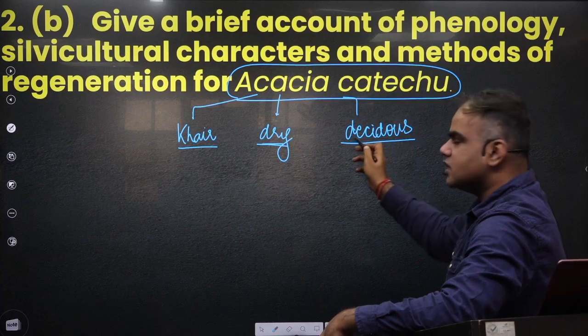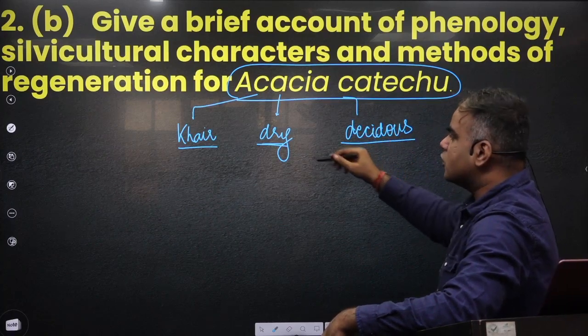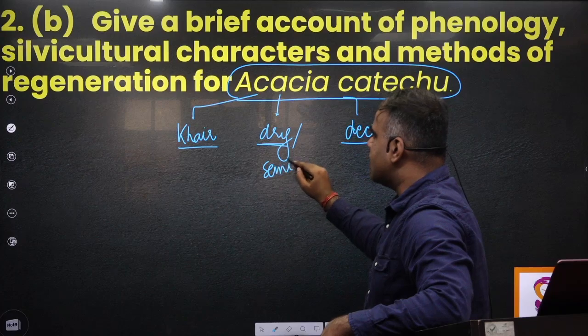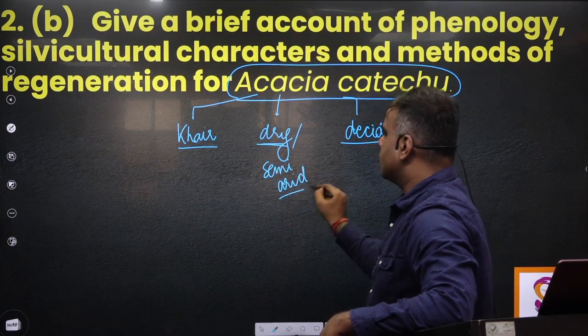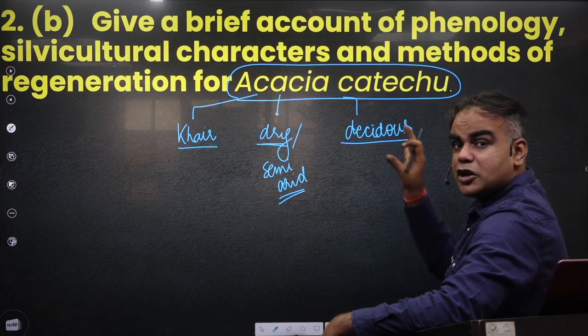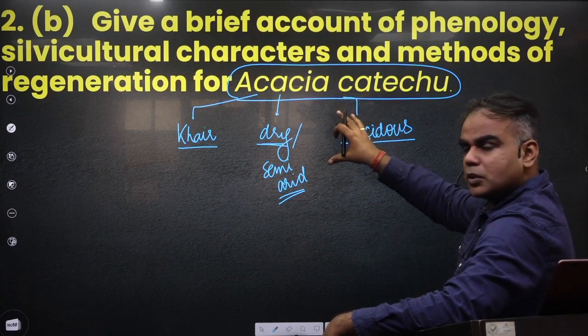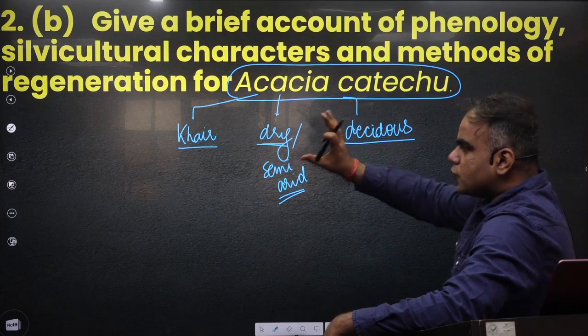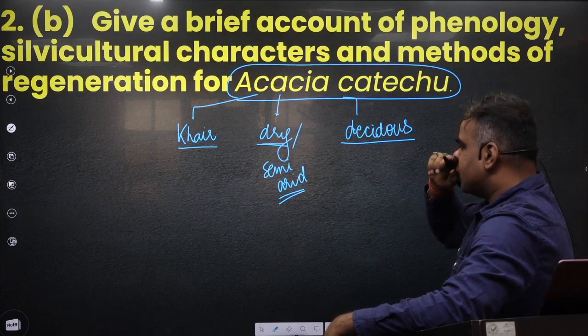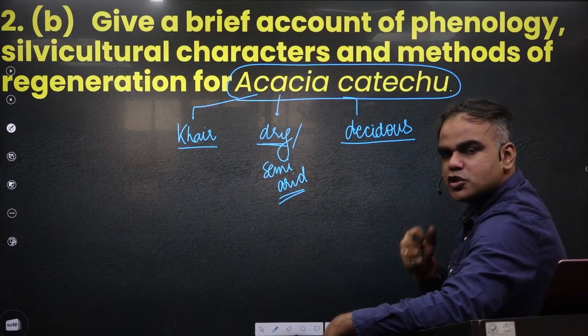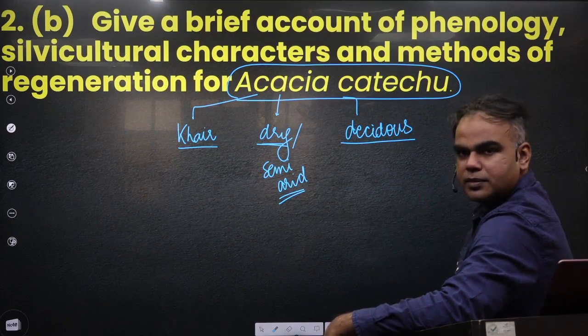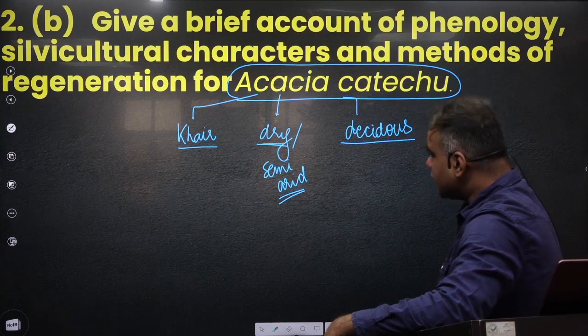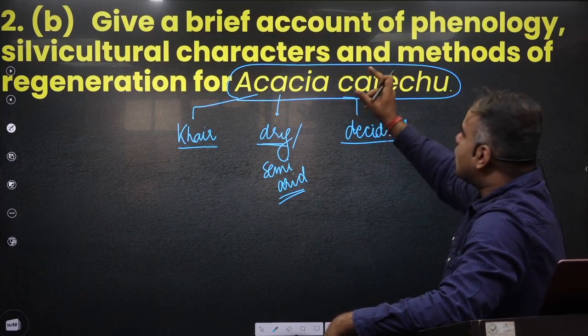Additionally, these grow in arid or semi-arid conditions where the water will be less, so they will be drought hardy. The local name is khair. These are deciduous, so we'll break this down one by one.